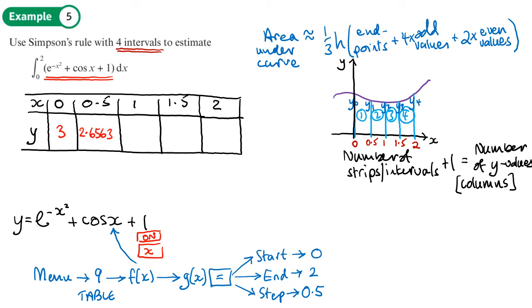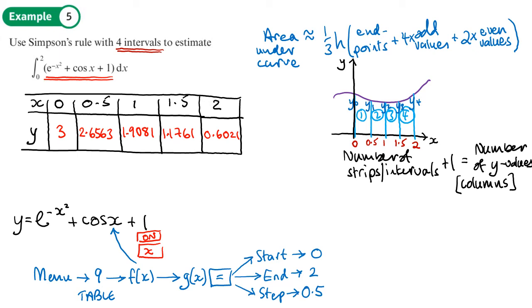Underneath, next to 1, 1.9081, 1.5, 1.1761, and I need to scroll down so I can at least see the last value next to 2, 0.6021. Okay, so now we can work out the approximate area.